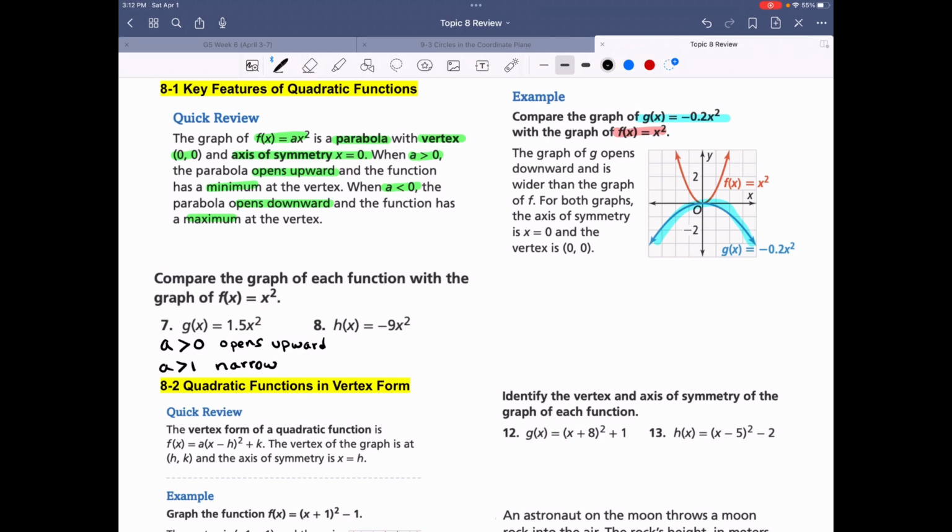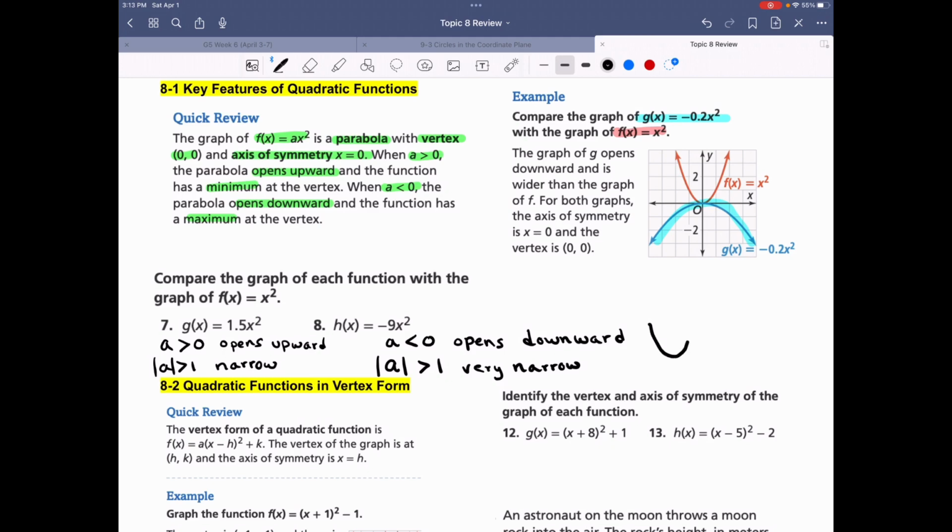And then for number 8, the a is less than 0, so it opens downward. And the absolute value of a, this should be absolute value, is greater than 1, so it's very narrow compared to the parent function.